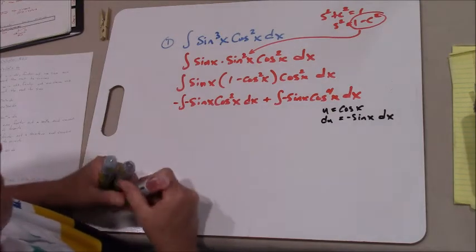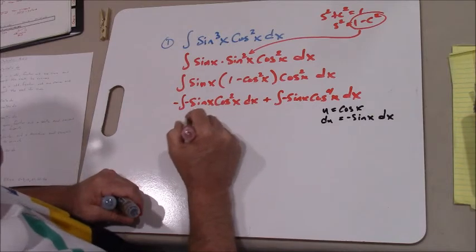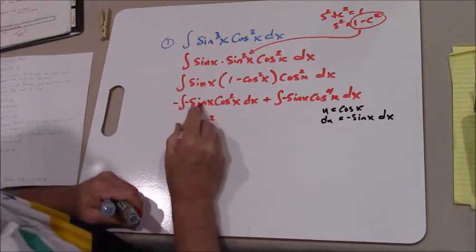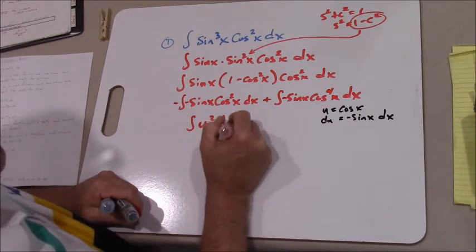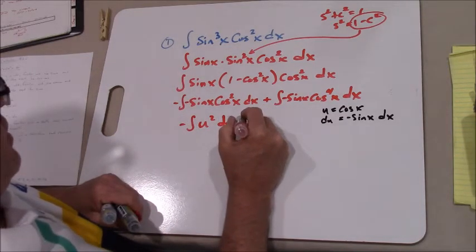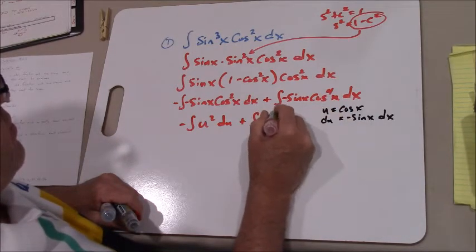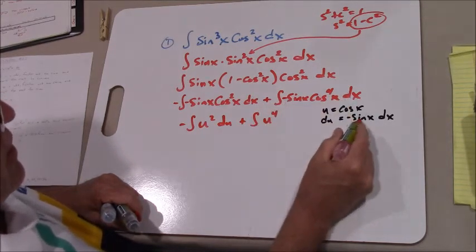So now what I have is u squared, negative sine of x dx, that's du. Still have that negative sign there. And then here, plus the integral of u to the fourth, negative sine of x dx, that's du.